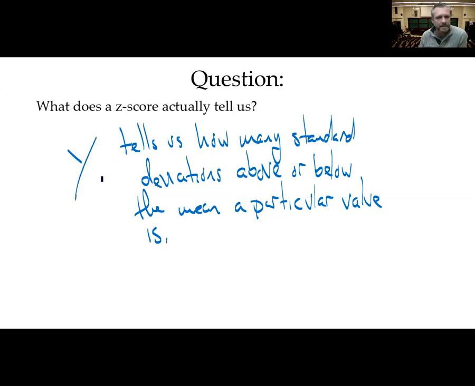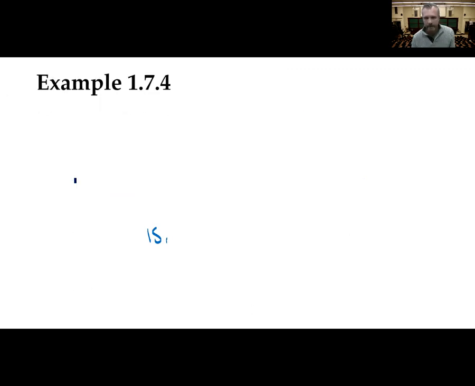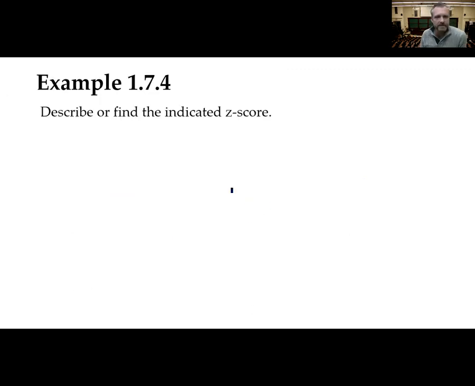Now, keeping this statement in mind, you might back up a little bit and revisit what we just looked at and verify that that's true. I told you how many standard deviations from the mean any of those x's were, and that's exactly what we got for our z-scores. So a z-score tells us how many standard deviations above or below the mean a particular value is. And so let's describe or find this indicated score, a value that is unusually high.